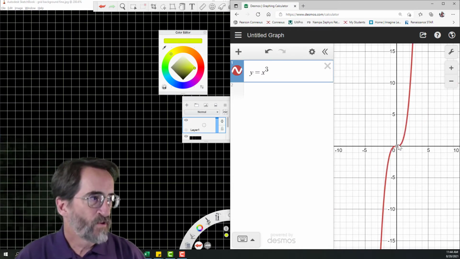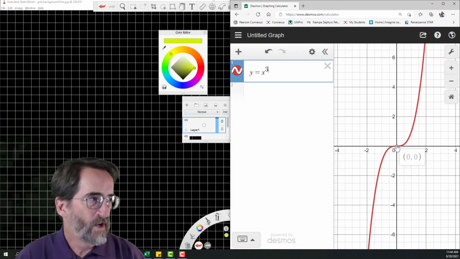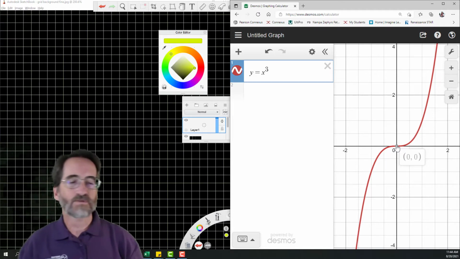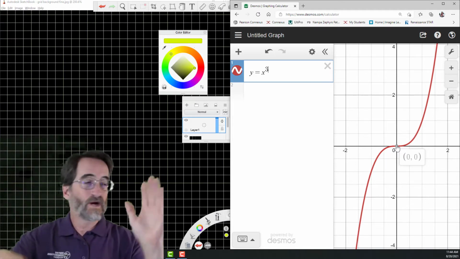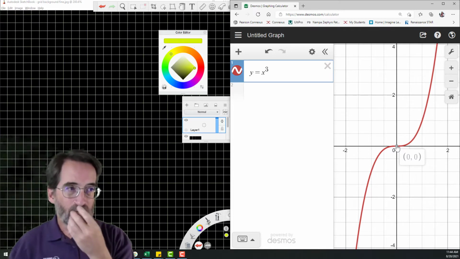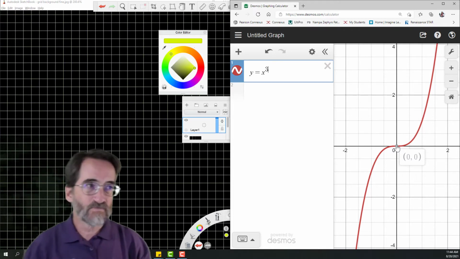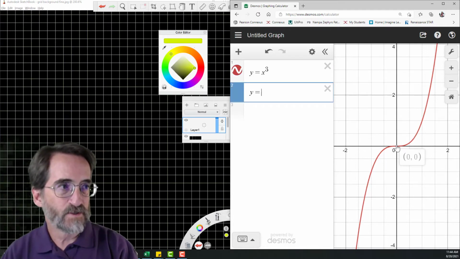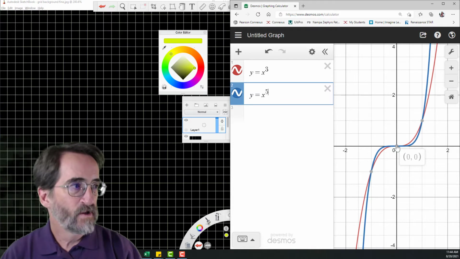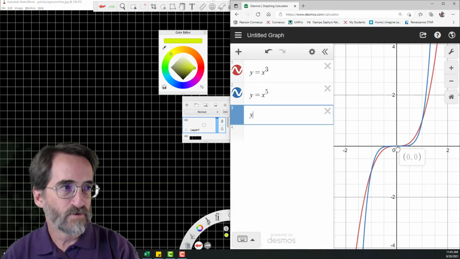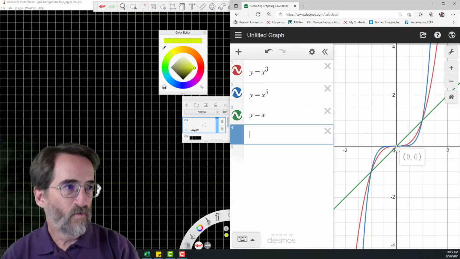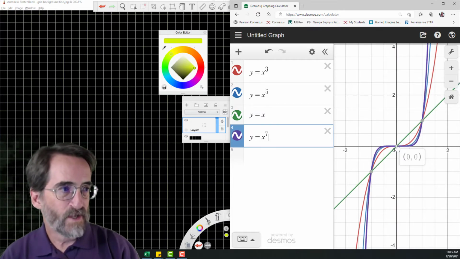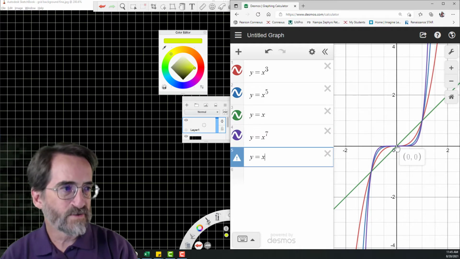One of the things you should notice right off the bat is that one arm points up, so to speak, and the other arm points down. It being an odd function, it actually does that. Let's explore that just a little bit. If I change that to y equals x to the 5th, x to the 7th, x to the 9th, what do you notice about all these numbers?